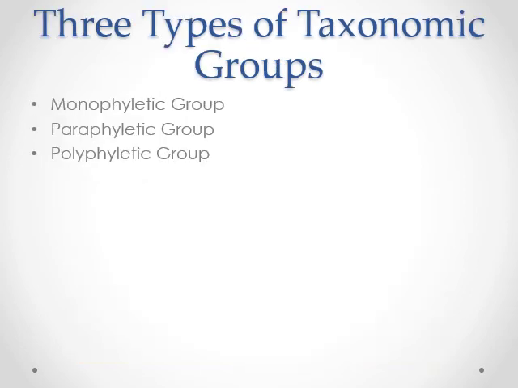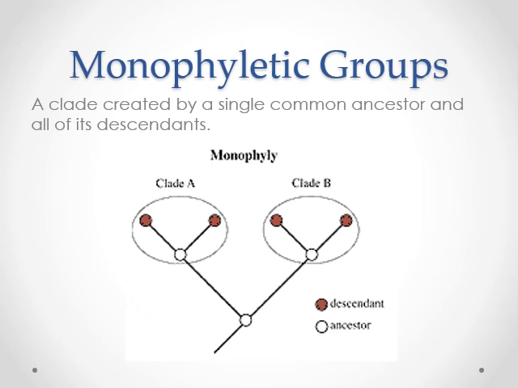There are three types of phylogenetic groups: monophyletic, paraphyletic, and polyphyletic. What does mono mean? One. The monophyletic group is the one that you probably will understand the best. It is a single common ancestor and all of its descendants. Here is a monophyletic group.